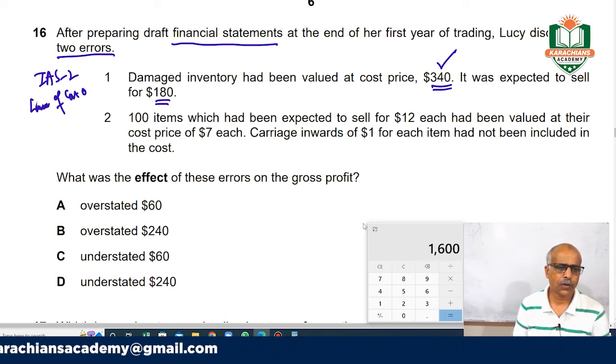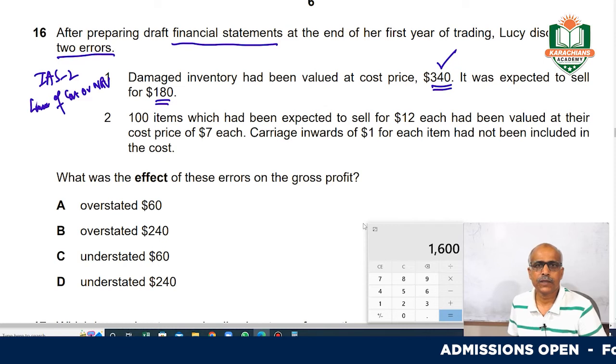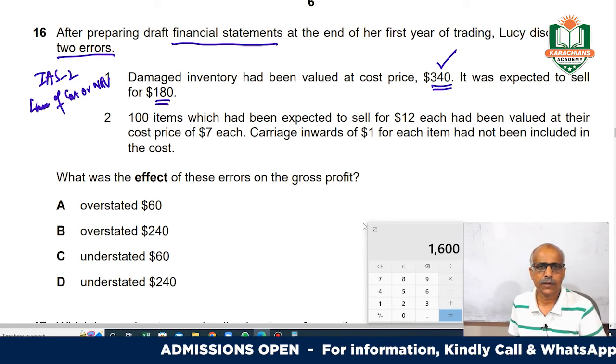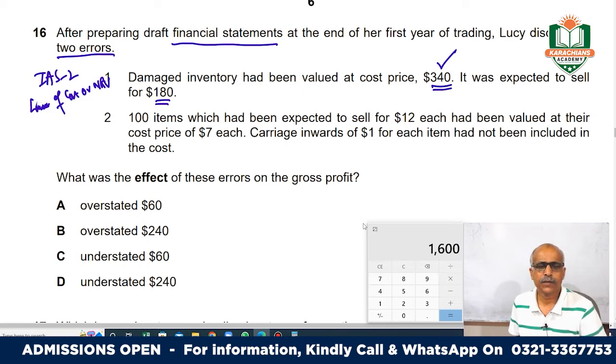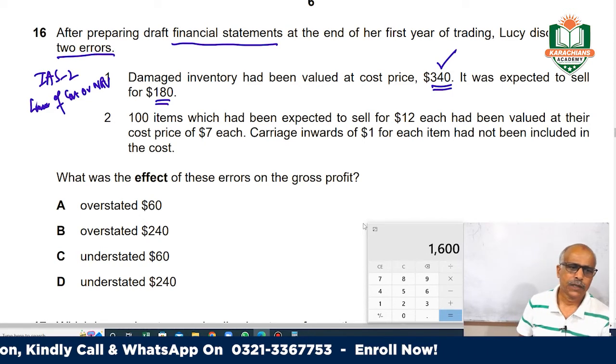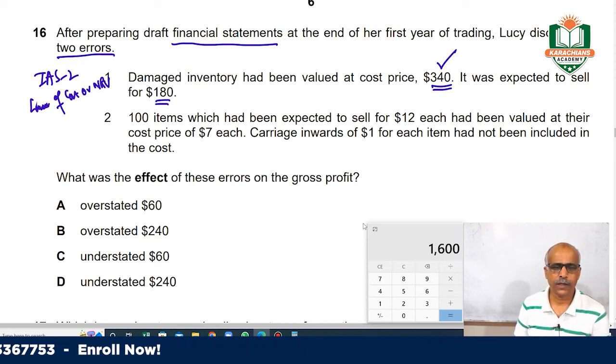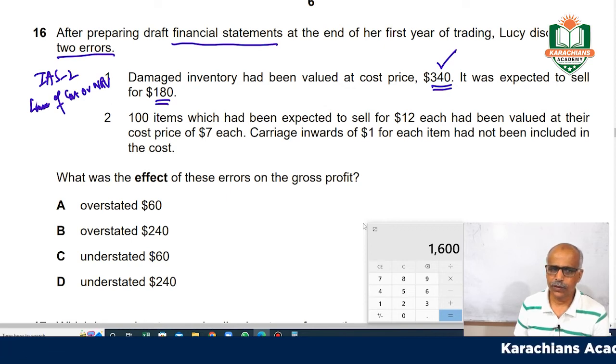Cost means its actual cost, and NRV means the value at which it can be sold.